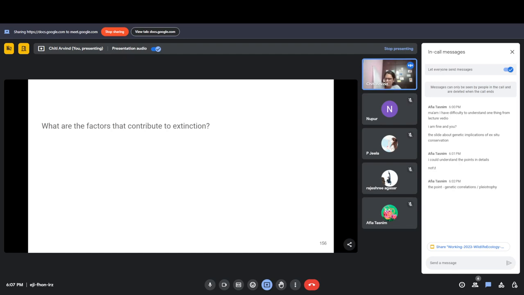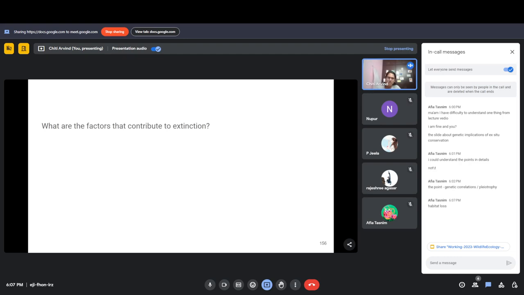So you can just put in some points, don't worry about it being right or wrong. Considering today's world, what do you think are the factors that are responsible for extinction? Anything, can be plant or animal extinction.